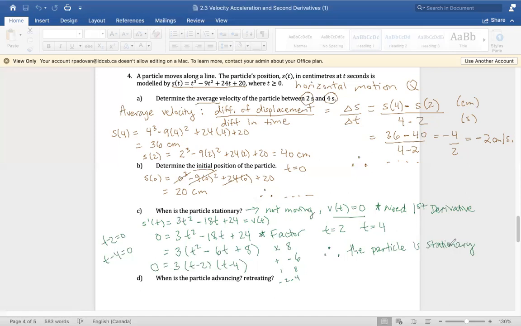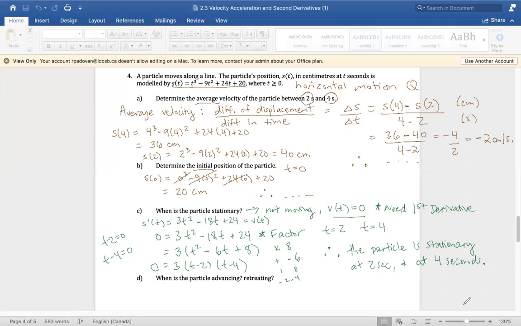Therefore the particle is stationary at 2 seconds and at 4 seconds, just in 2 different spots. And we'll take a look at graphically what this looks like for the next question for D. So at 2 seconds, it's not moving, and at 4 seconds, it's not moving.